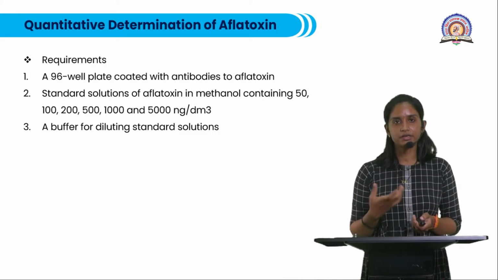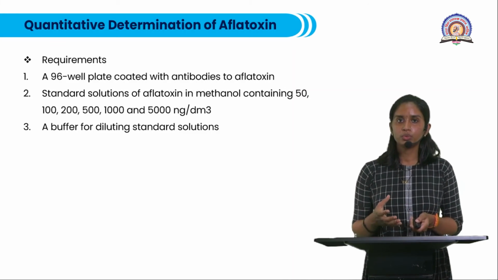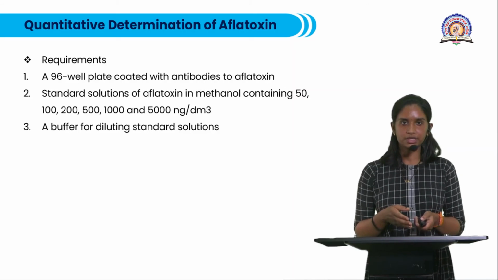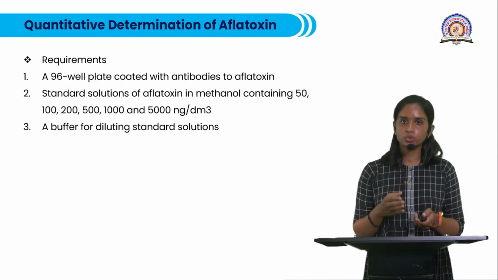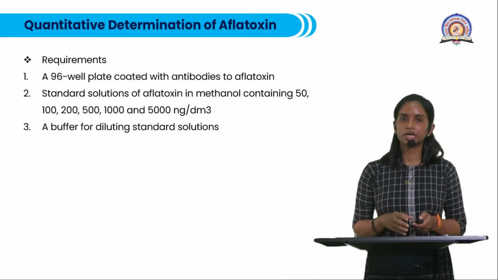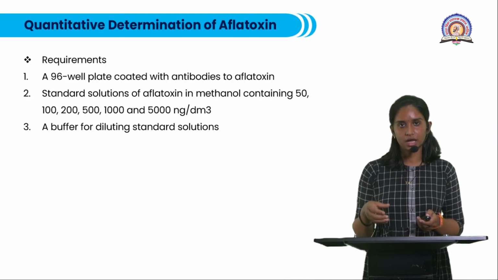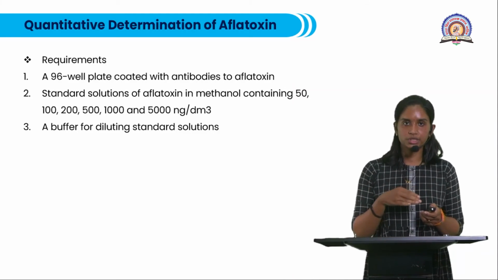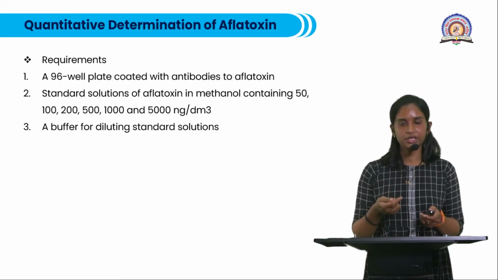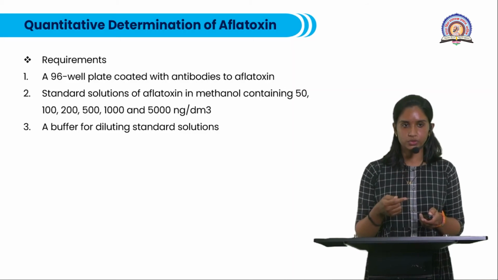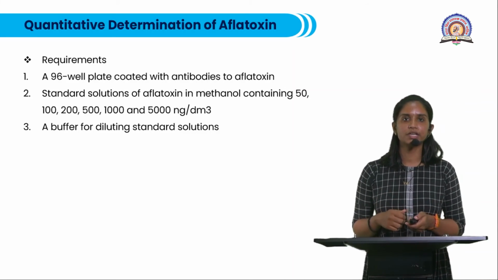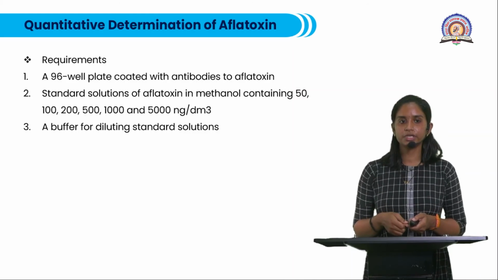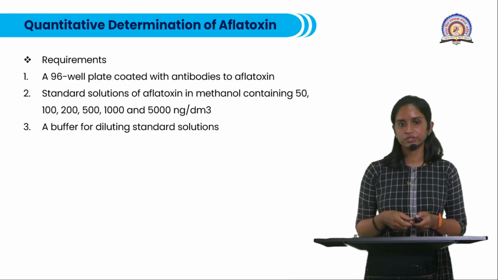To prepare the standard graph. First, you will perform this technique using standard solutions of known concentration so that you can plot these values on a graph. It will give you a linear relationship, and on that you will extrapolate your unknown value. For that, standard solutions are required. Then the next thing you will need is a buffer for diluting standard solutions.